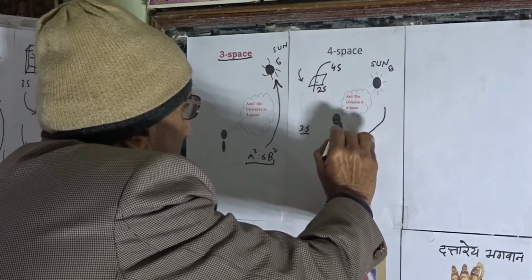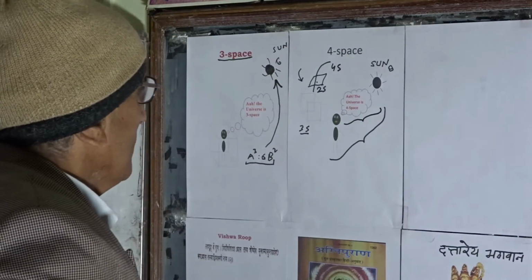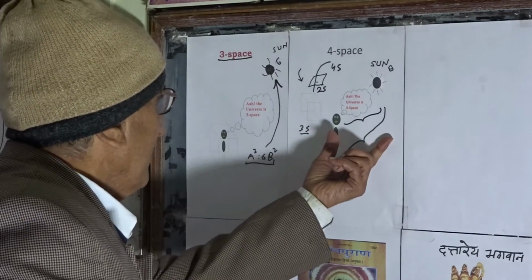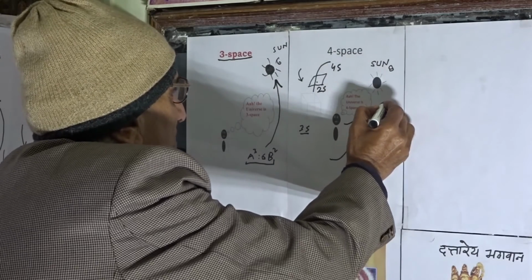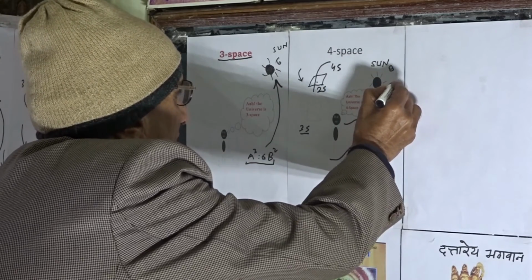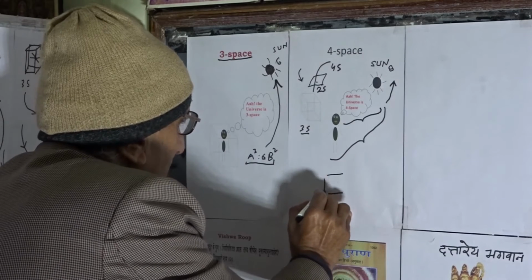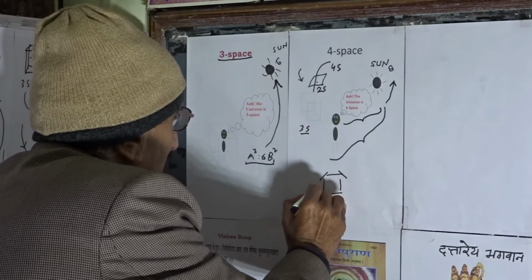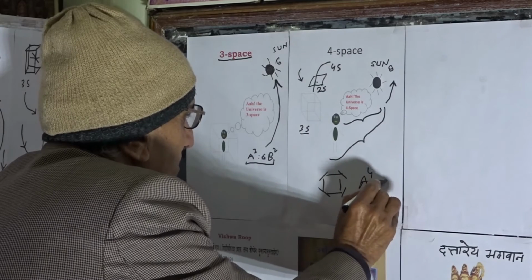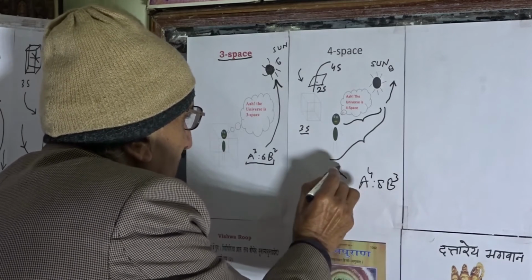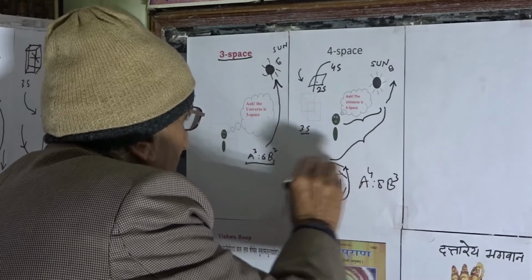So this universe appears to us, becomes comprehensible by us, as a 4-space, and the sun becomes of value 8, because a hypercube, a 4 setup, has a domain boundary ratio of A raised to power 4 is to 8B raised to power 3, and this boundary is a solid boundary of 8 components.